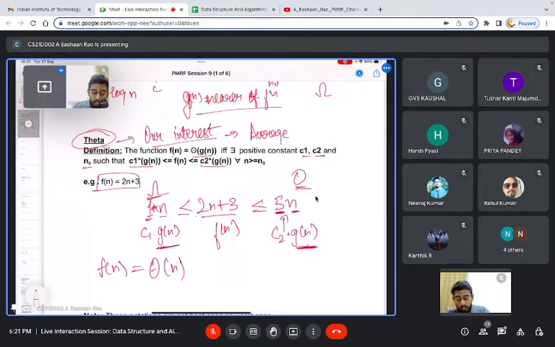Okay, so when you want to express some function you have written programmatically, we usually use theta. We usually don't use big O or big omega, but in certain cases we have to use those also.